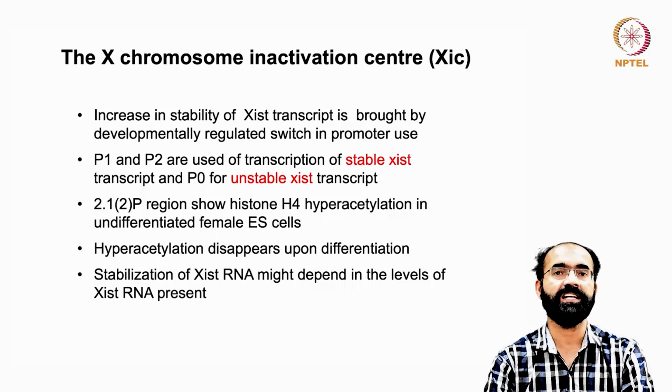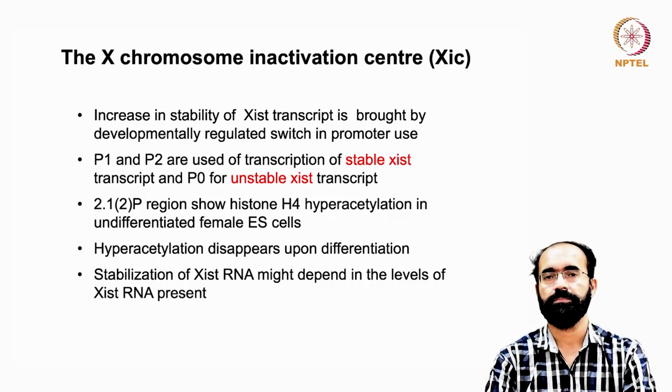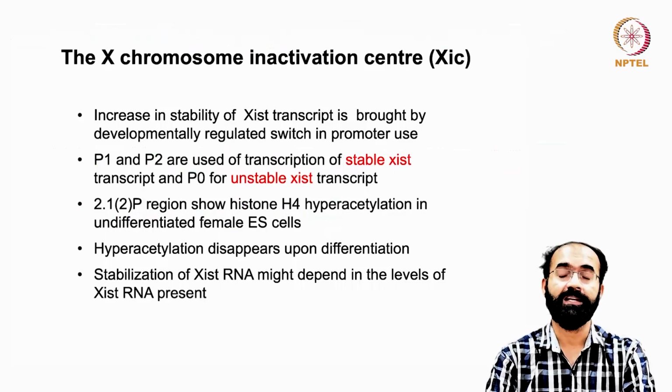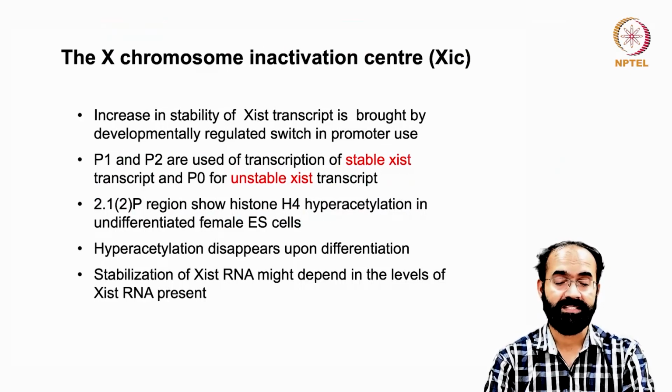Once the tissue decides to differentiate, like stem cells can be forced to differentiate into neurons and other tissues easily by different chemical cues, this hyperacetylation disappears once the differentiation kicks in.